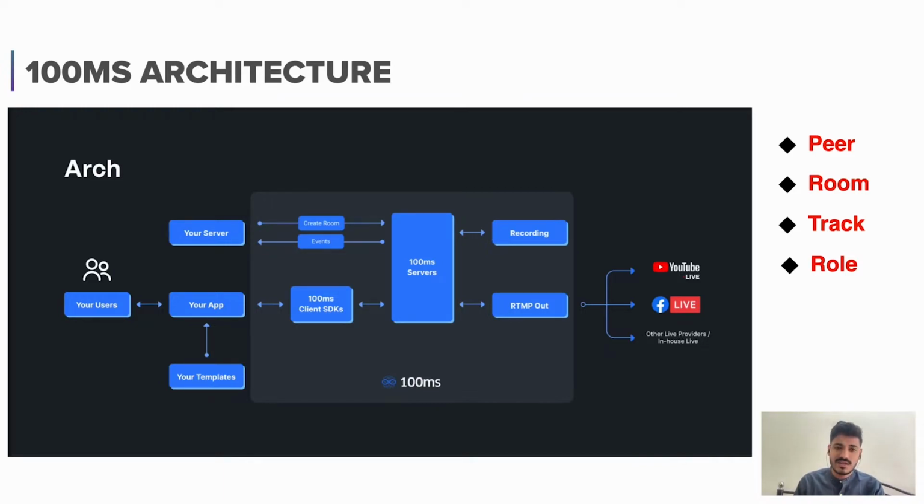The client uses the 100ms Android and iOS SDKs to manage connections, room state, and render audio and video, while the server uses 100ms APIs or the dashboard to create rooms, set up room templates, trigger recordings, or access events. So that was all about the 100ms architecture.